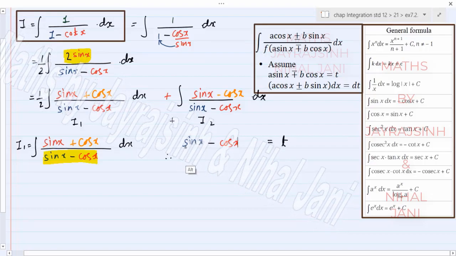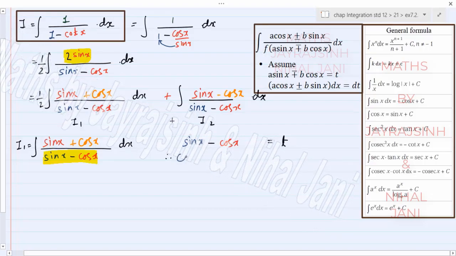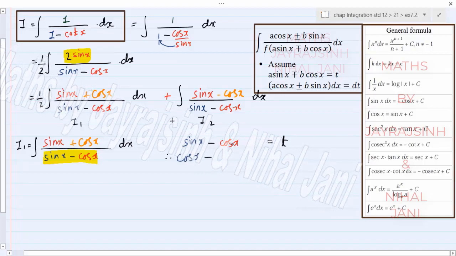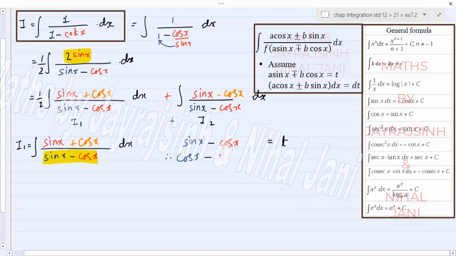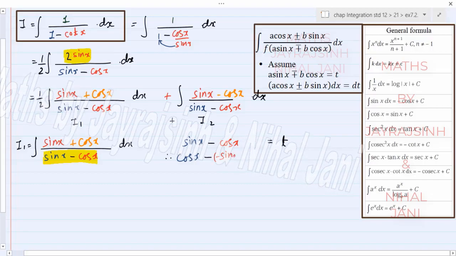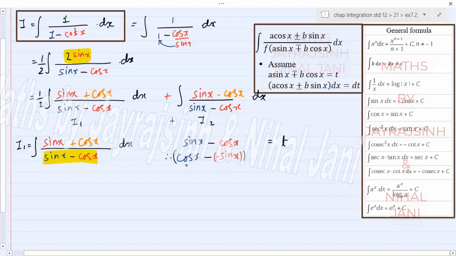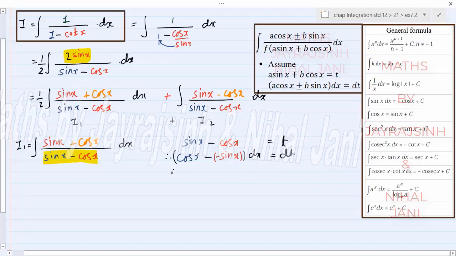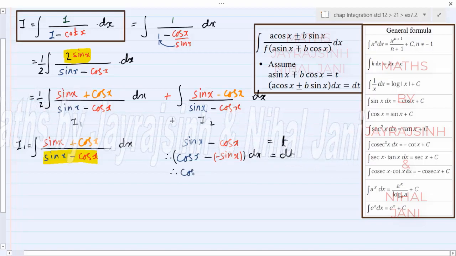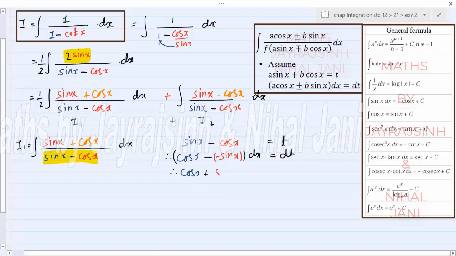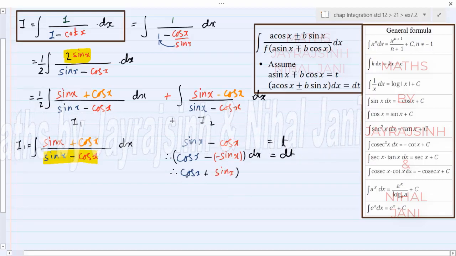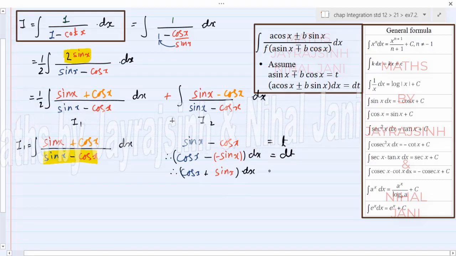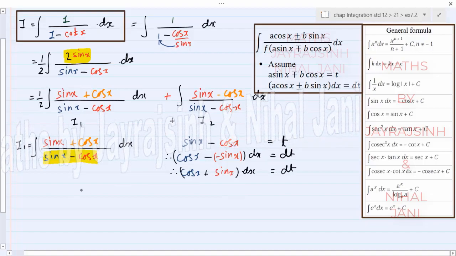Differentiate both the sides. Differentiation of sin x will be cos x, minus differentiation of cos x will be minus sin x, dot dx will give us dt. Or we can say (cos x plus sin x) dot dx is simply your dt.